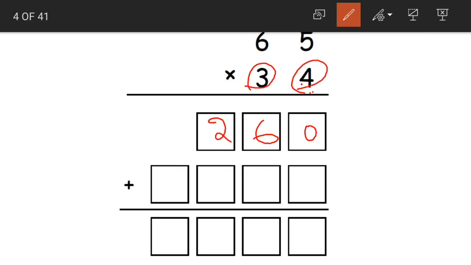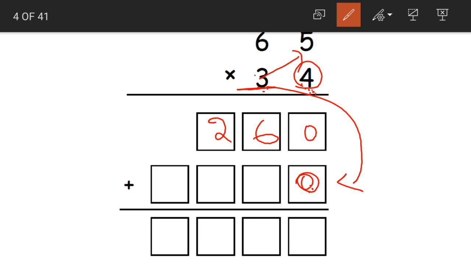Now next, moving on to the tens place. Yes children, see, this is a new digit. We are taking the new digit now. After 3 we are having one digit here, that is 4. So before I start multiplying, I will place 1 0 here. Okay, a new digit. Whenever we are multiplying with a new digit, we start in a new line, and here after 3 we are having one digit, so I am placing 1 0.